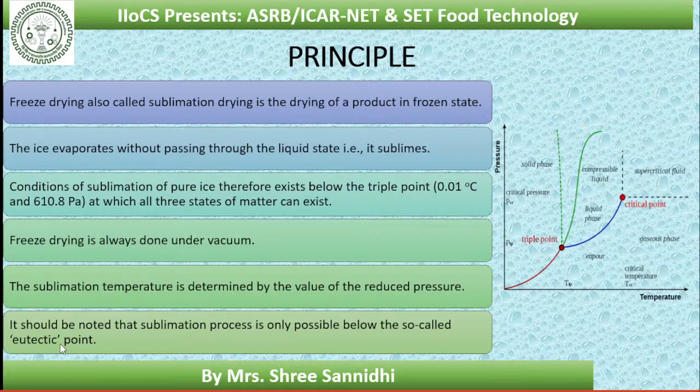If it reaches the eutectic point, that means we have liquid phase. We don't want to have liquid phase, just solid phase is enough. So below the eutectic point, if we reduce the pressure and increase the temperature, then we'll get the sublimation process.